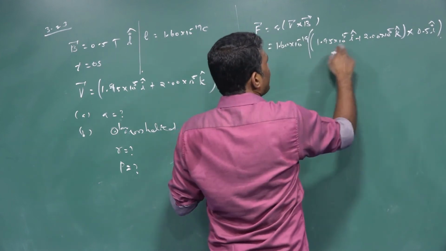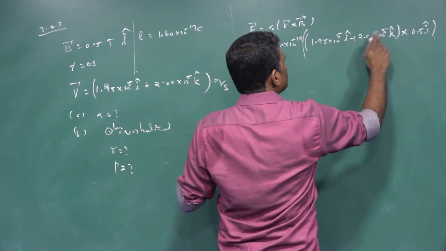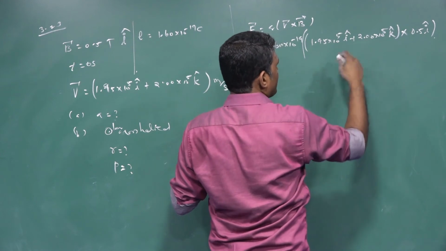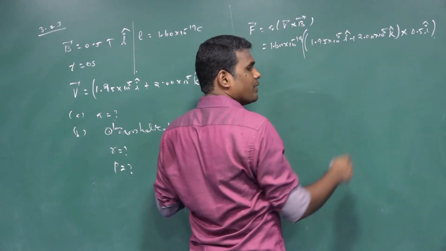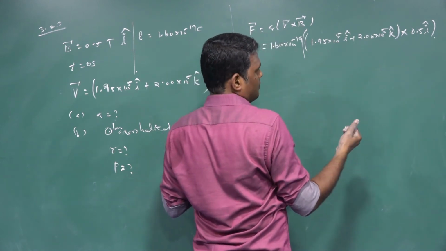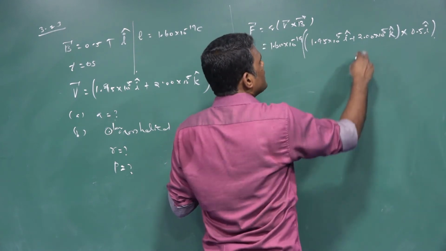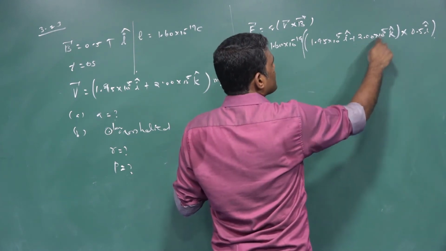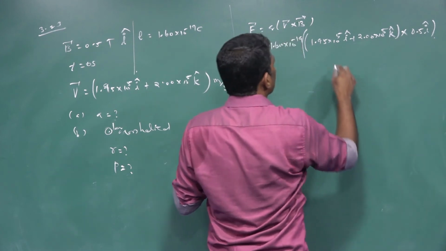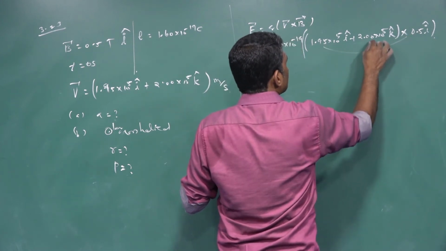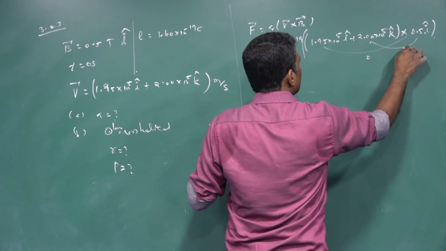So i cross i is 0. k cross i is j. As I showed you in the cross product of unit vectors, k cross i is j. So this product is 0 and the other product gives a result in the j direction.